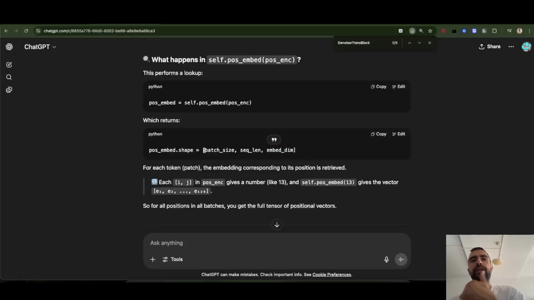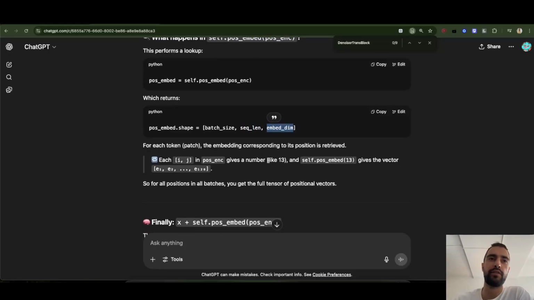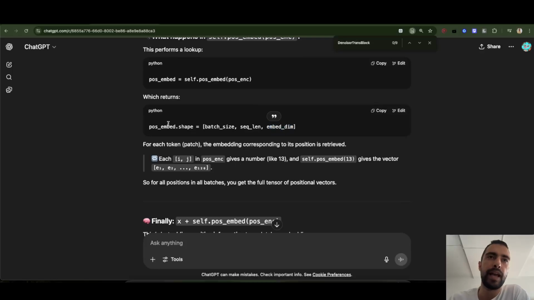So for each image, for each token in the sequence length, it will give the entire embedding dimension for that particular position. And those embeddings will be learned. That's nn.Embedding. For each token or patch, the embedding corresponding to its position is retrieved.